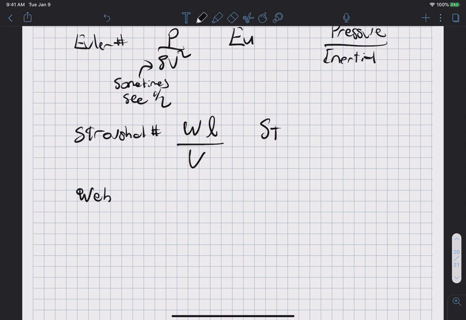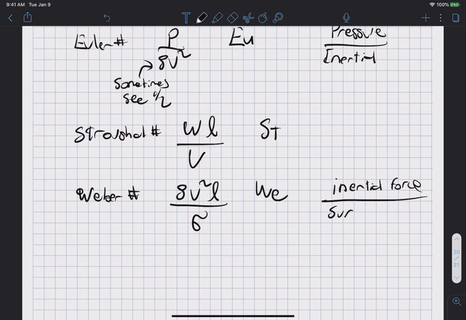The Weber number is defined by rho v squared times a reference length over the surface tension, and that's given by the symbol We. That's representative of the inertia force over the surface tension force. So if you have a flow and the Weber number is small, surface tension is important.